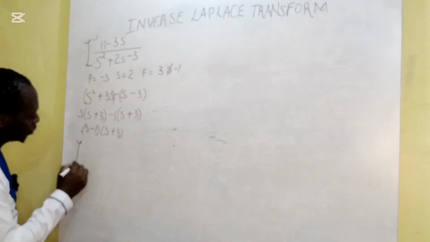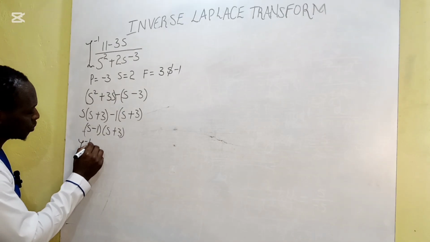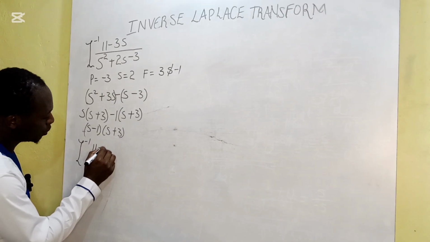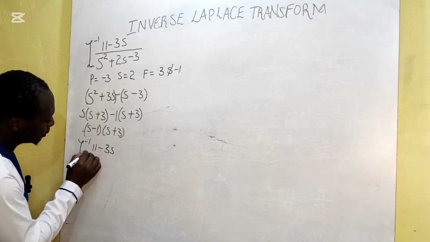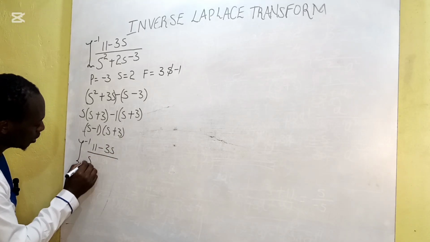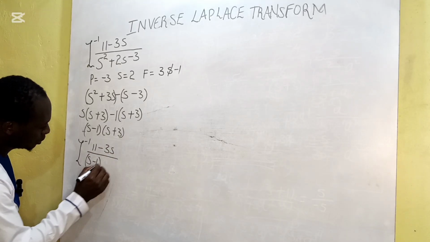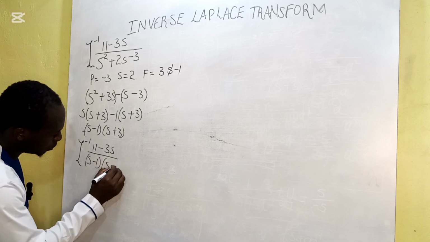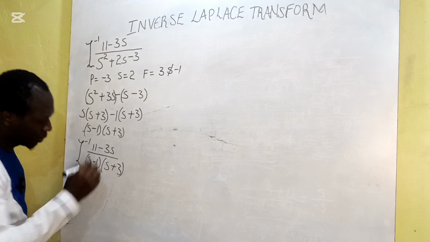And now we are going to have the inverse Laplace transform of 11 minus 3s all over s minus 1 into s plus 3.